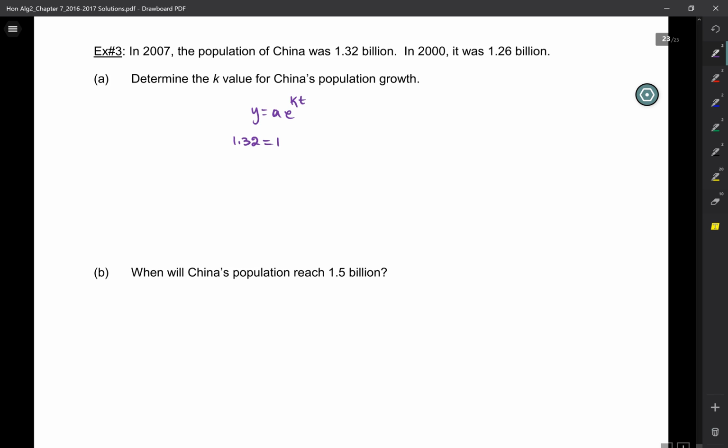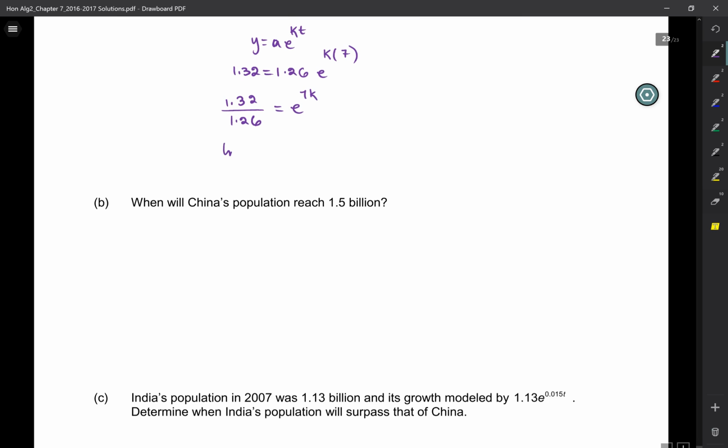And A? 1.26. E to the K times what? 7. Awesome. So, well, it's growing. So we divide by 1.26, and that's equal to e to the 7K. So ln of all of this is equal to 7K. So how much is K?